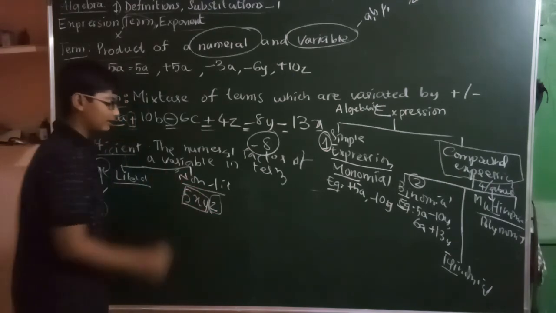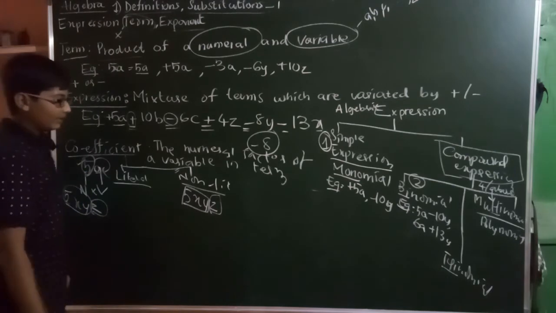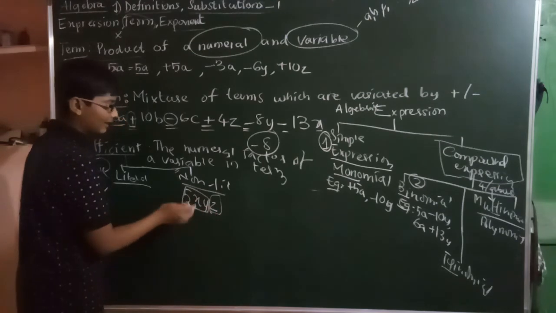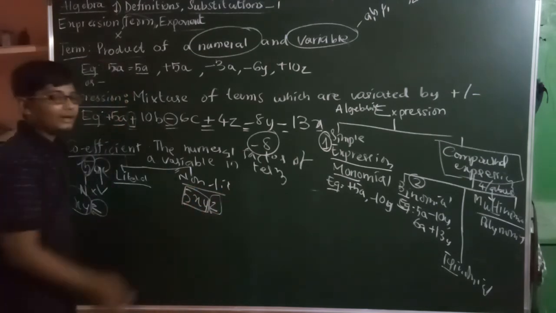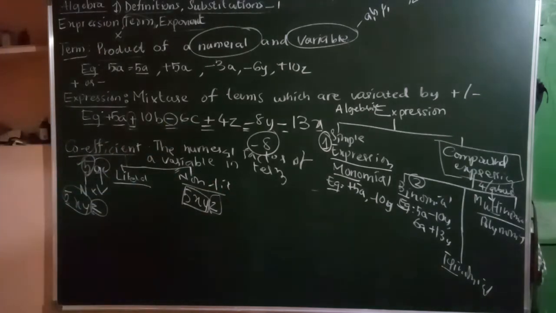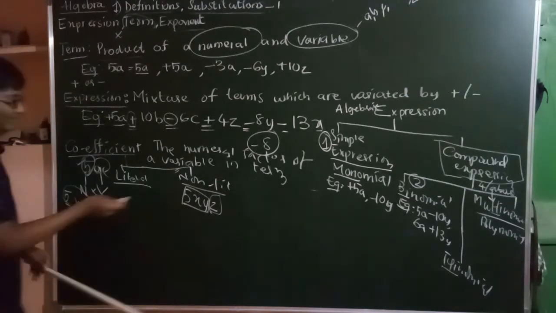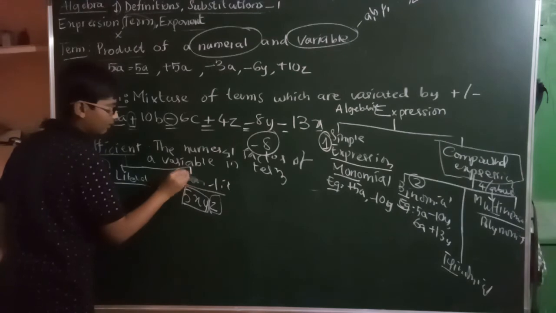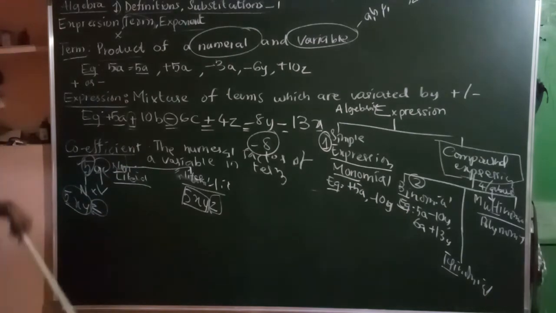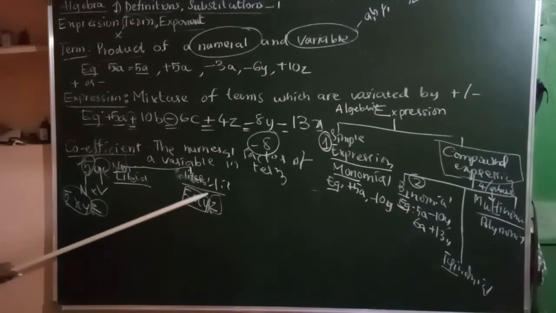In that case we tell the remaining part, excluding that variable, as the coefficient. Sorry, I have been explaining it in reverse. Here it is non-literal: non-literal means only the numeral, and literal is the other part.